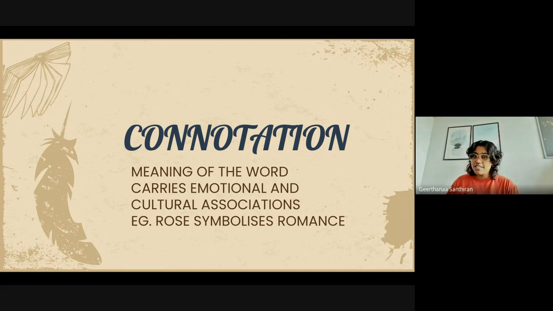For example, in our world, a rose is not just a rose, it symbolizes romance. That's why we give it on Valentine's Day and anniversaries. A rose is not just a flower. So when you know this about words, you can unpack it, explore it, unravel it. You can explain the dictionary definition of words, but you can also explain the societal connotations of words.